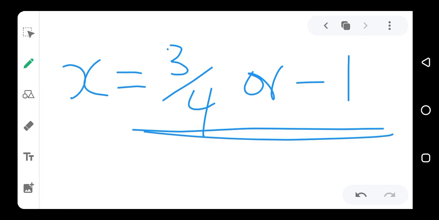Then you move the value of c to the right hand side, and then take the value of b, divide it by 2, and find the square of it. When you have squared it, add it to the left hand side and to the right hand side.